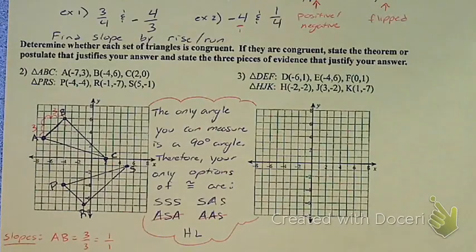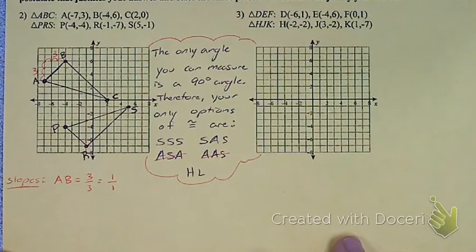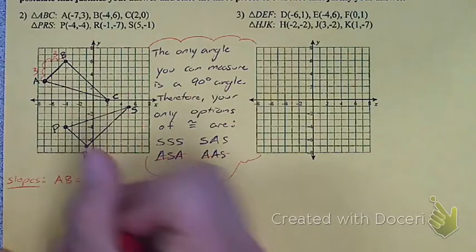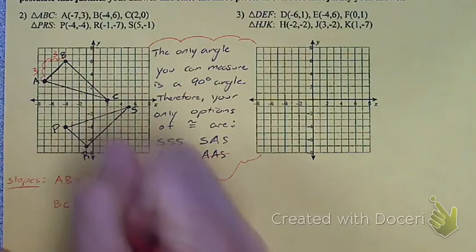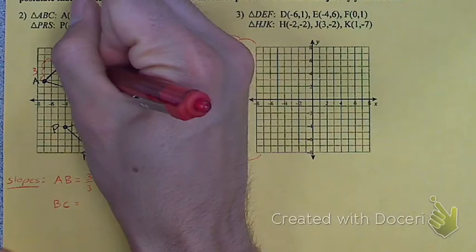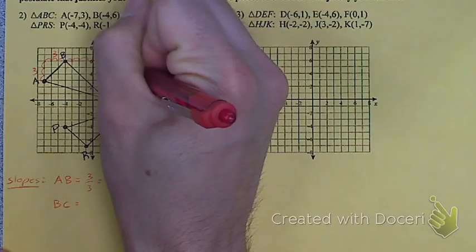Keep it over 1. So that one has to be the opposite of which one? BC. What's BC? 3, 4, 5, 6.